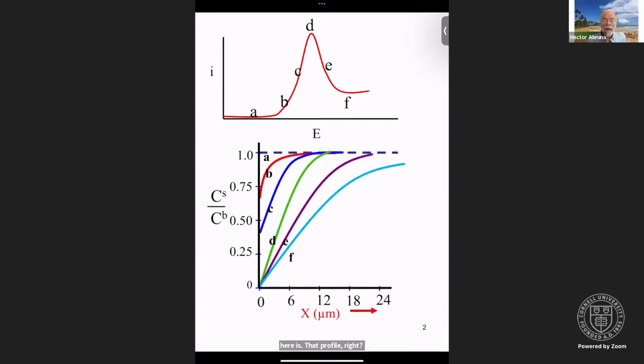Now what we're doing is looking at different points on that profile and looking at what the concentration distance gradient is as a function of potential, but remembering that embedded in that is also time. And because you have the convolution of potential and time, the response here is a little bit more complicated, but we'll get to that in a second.